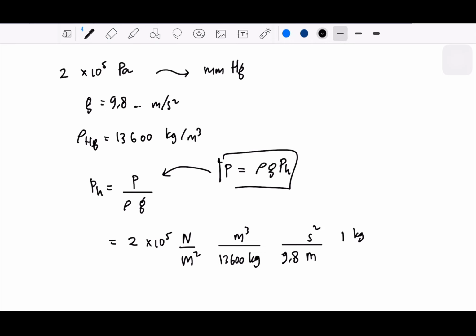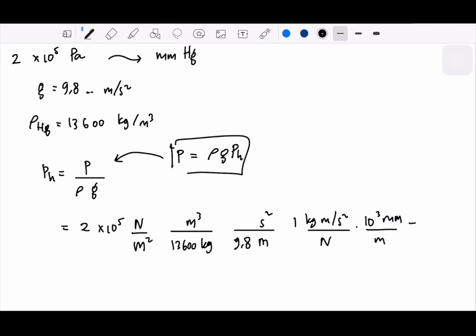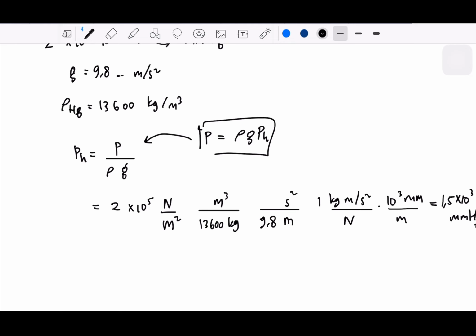This is the conversion, and also conversion for millimeter. So we can write, basically, the pH or the pressure head in terms of, let's say, millimeter mercury or other units, it can be PSI or any units. So this is the relationship between the base of column pressure and the surface pressure.